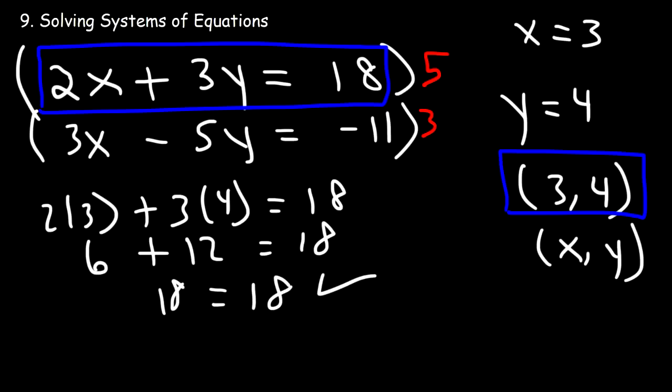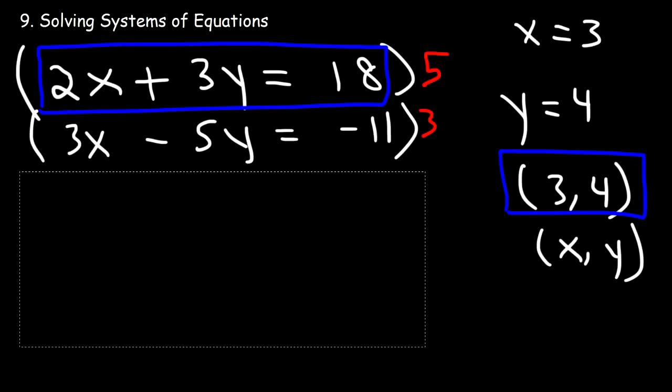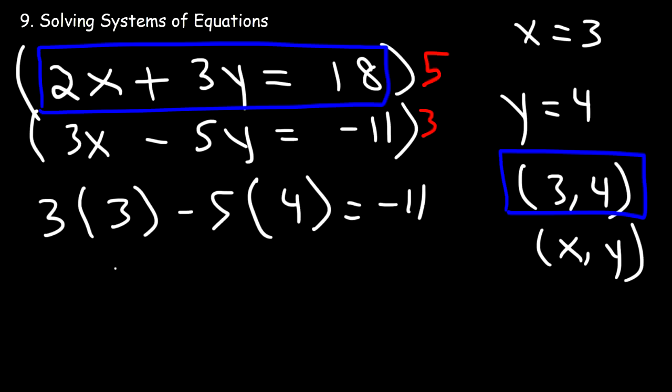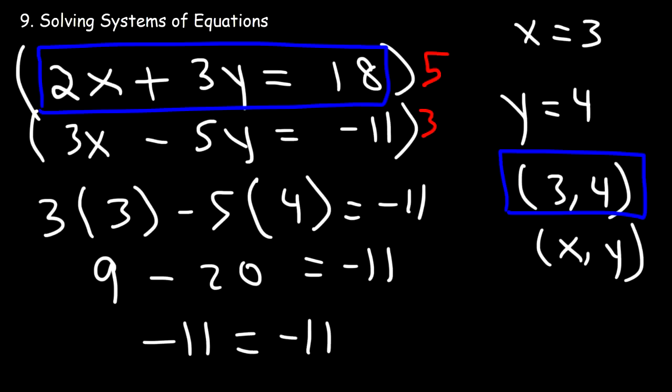So that works. Now let's do the same for the second equation. Let's replace x with 3, and let's replace y with 4. 3 times 3 is 9, 5 times 4 is 20, and 9 minus 20 is negative 11. So that works as well, which means this is the right answer.